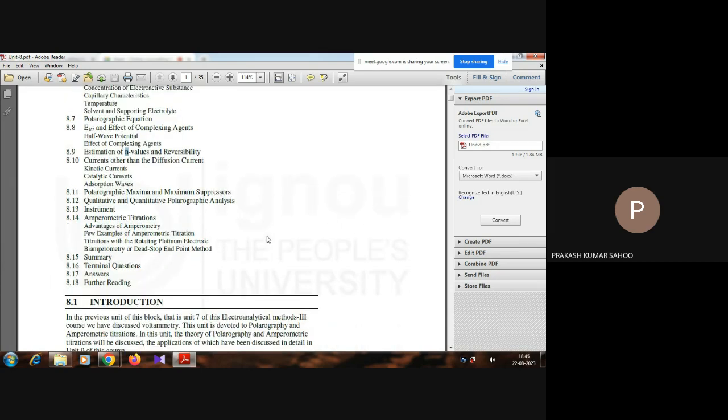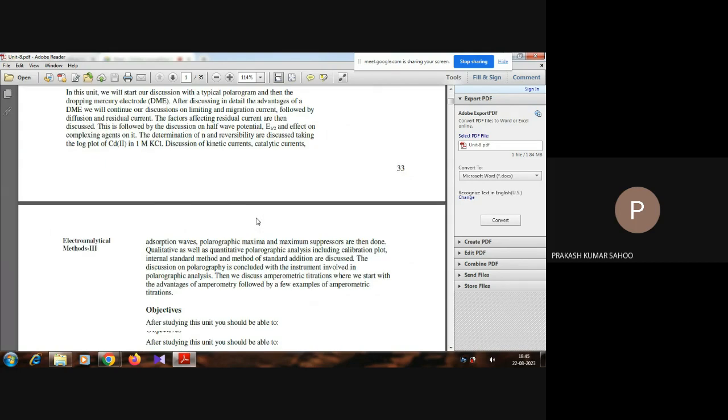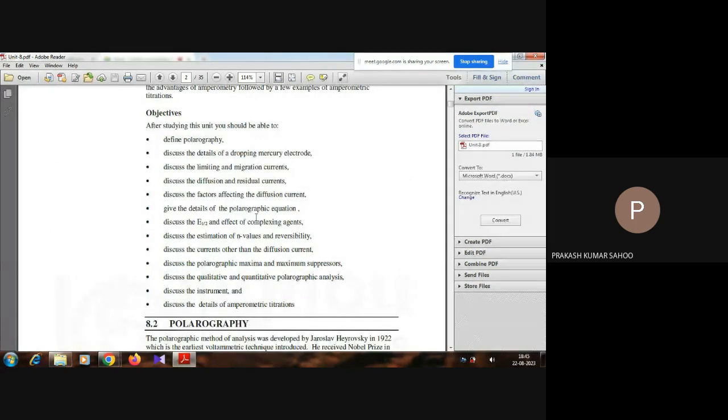Then we have kinetic current, catalytic current, and adsorption wave, followed by polarographic maxima and maximum suppressor. Then at the end we have amperometric titration, its advantages and so on. Let's move to the objectives.